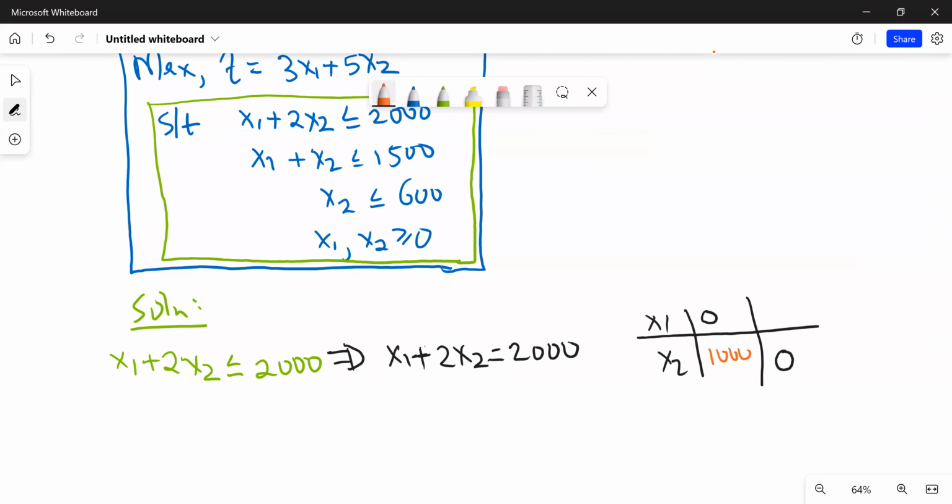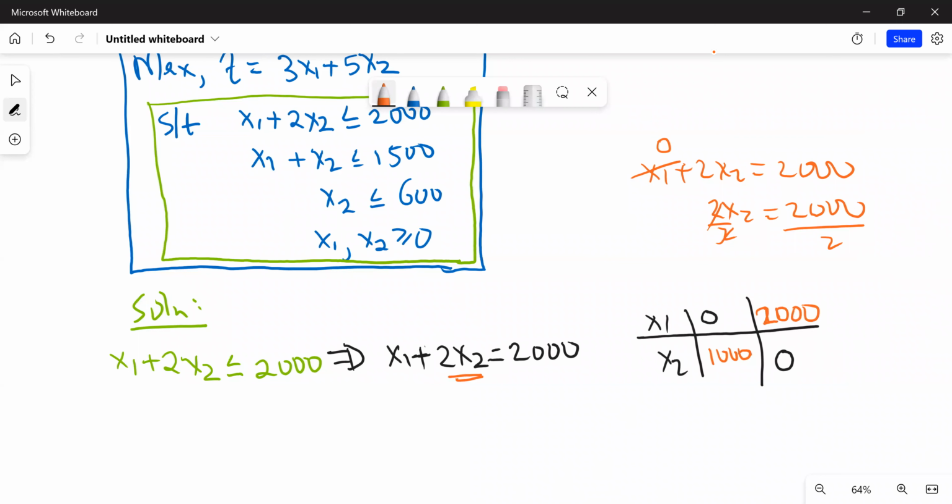We're saying that x1 plus 2x2 is equal to 2000. If you put 0 there, we're left with 2x2 is 2000. Divide both sides. And suppose now you put x2 to 0, then the value of x1 will be 2000.